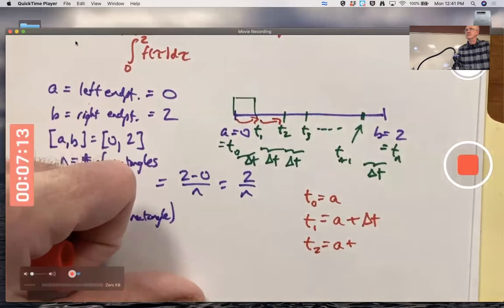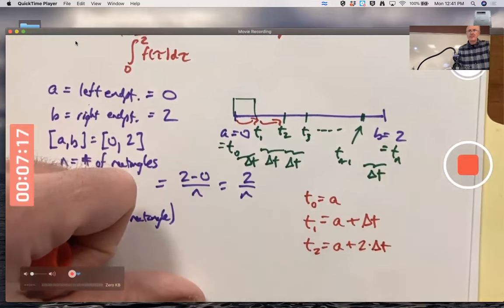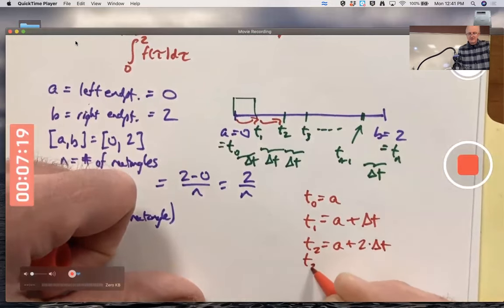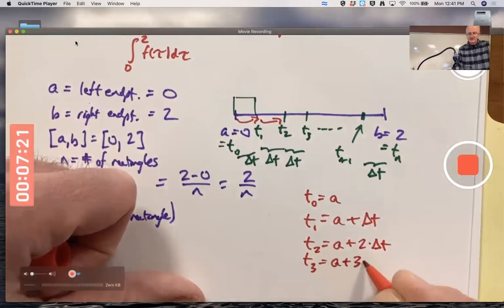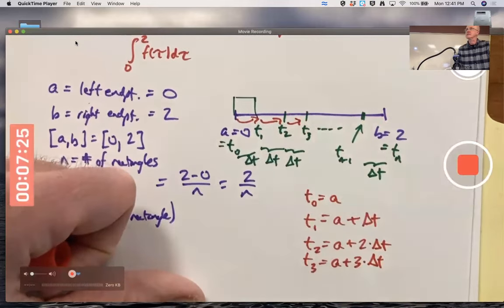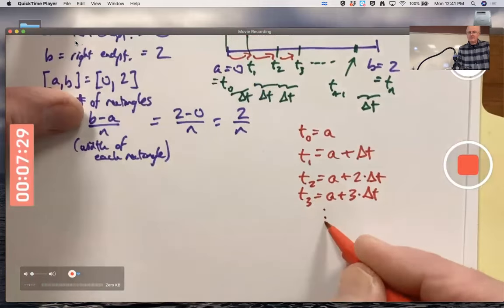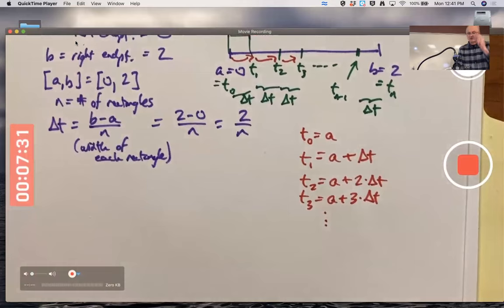Take 2 steps to the right, 2 times delta t. t3 will be a plus 3 times delta t. Start at a and move 3 steps to the right. And that pattern continues. t4 would be a plus 4 times delta t, etc.